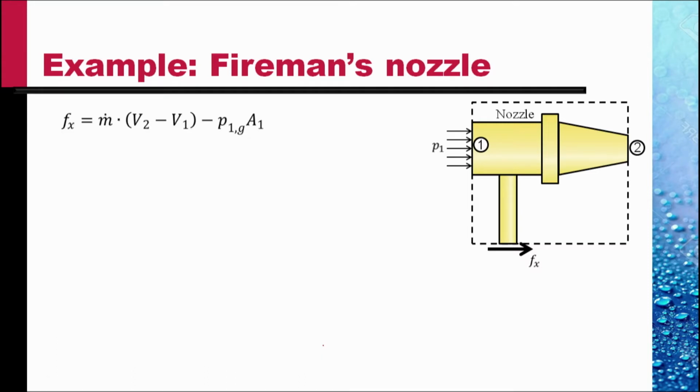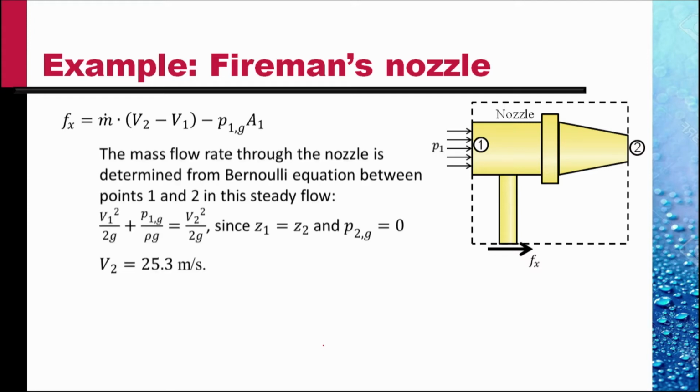We can apply the Bernoulli equation between points 1 and 2. V1 square by 2g plus P1g by rho g should be equal to V2 square by 2g, since Z1 is Z2 and P2g is 0.